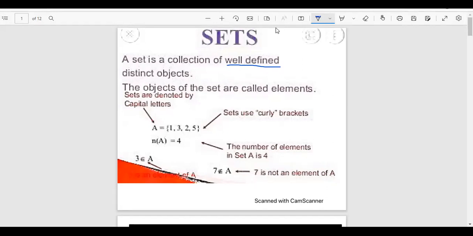For example, I can write down the set of even numbers between 1 and 11. So the set of even numbers between 1 and 11 would be 2, 4, 6, and 8, right? These are the 4 elements which I would be having in the set of even numbers between 1 and 11.